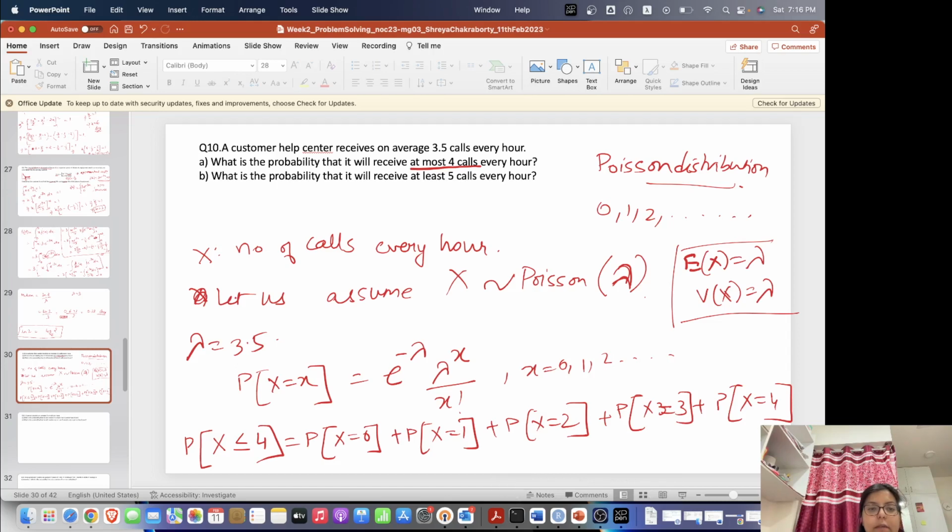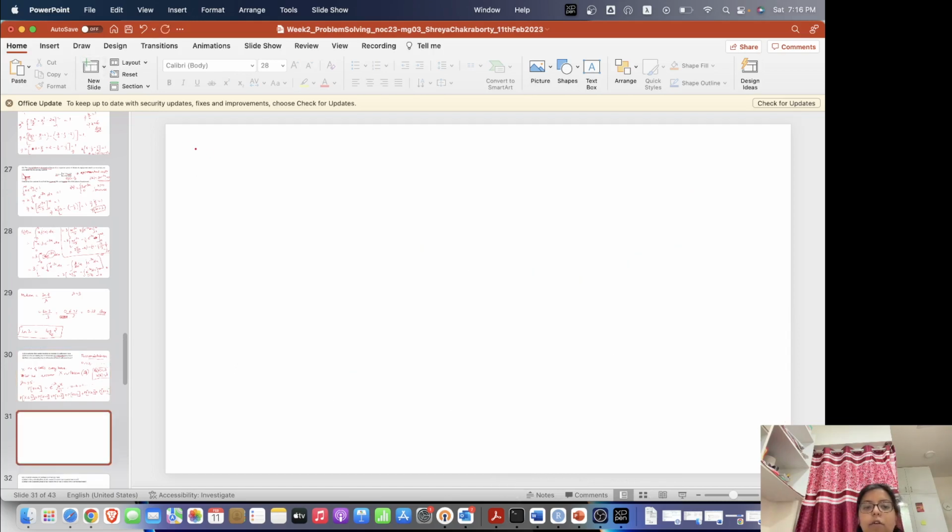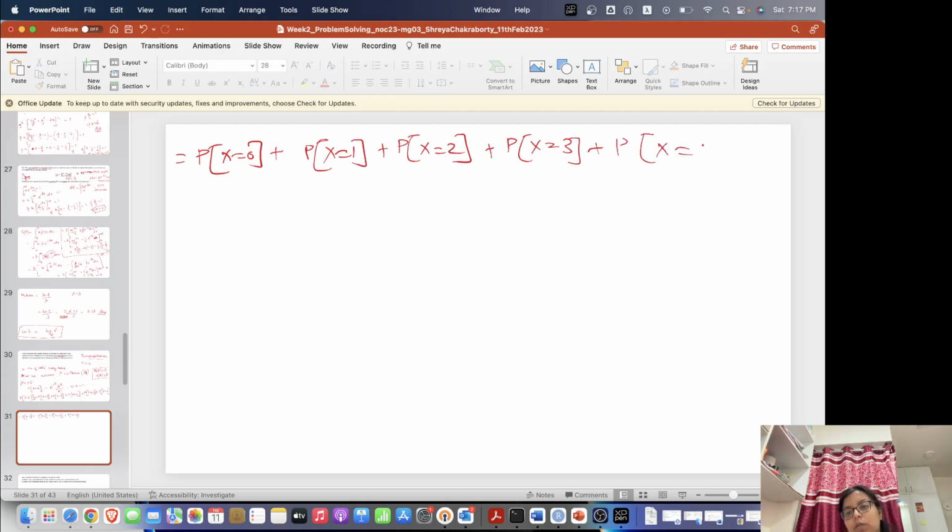So if we have something like this, how are we going to calculate? Probability x equal to 0, x equal to 1, x equal to 2, x equal to 3, x equal to 4. So we'll just substitute the value of x in the mass function.